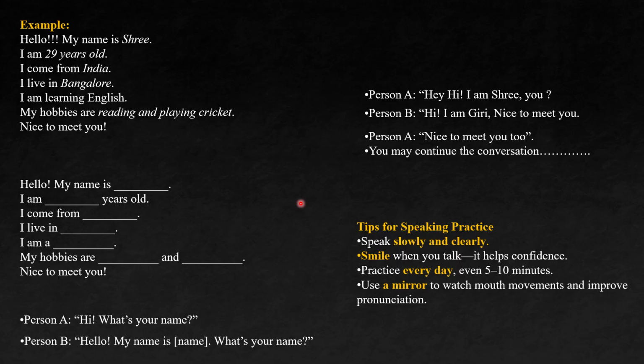Sometimes, with respect to your regional language, we might mispronounce words, and some people can't hear what exactly you say. So try to speak slowly and clearly, and make the pronunciations properly.